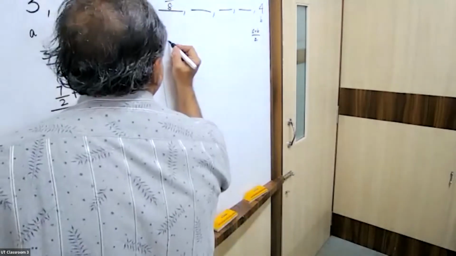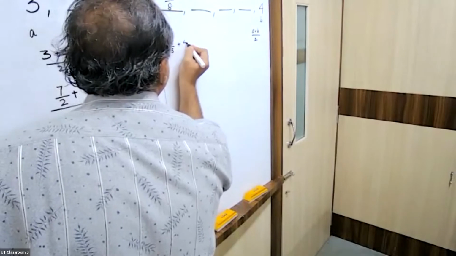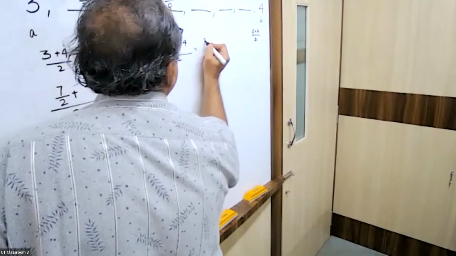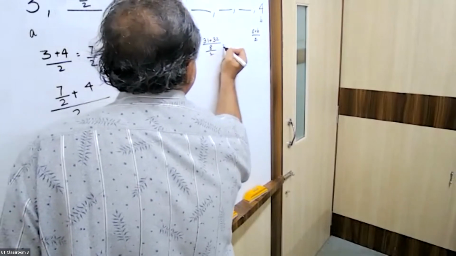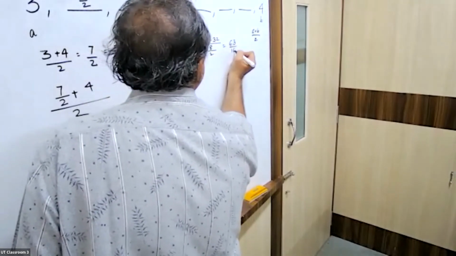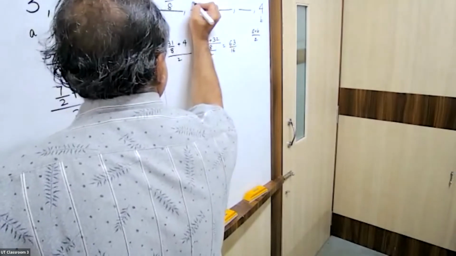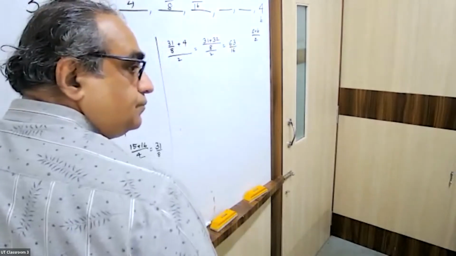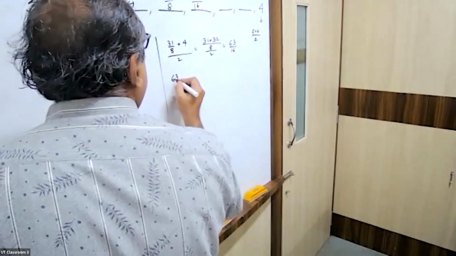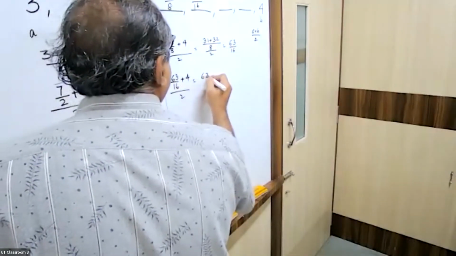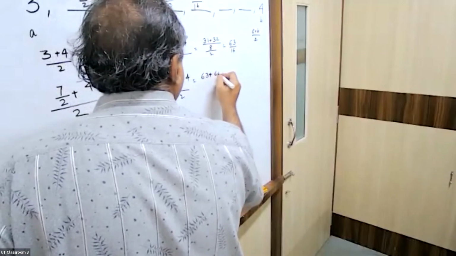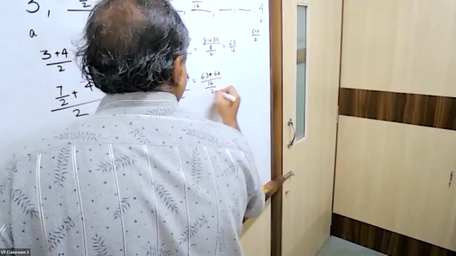Now 31 by 8 plus 4 by 2. That is 31 plus 32 by 8 by 2, 63 by 16. 63 by 16 plus 4 by 2. That is 63 plus 64 by 16 by 2.